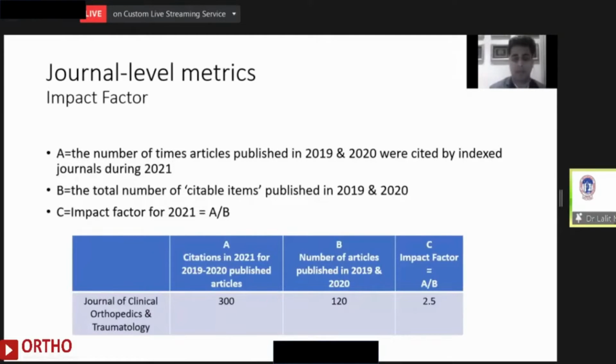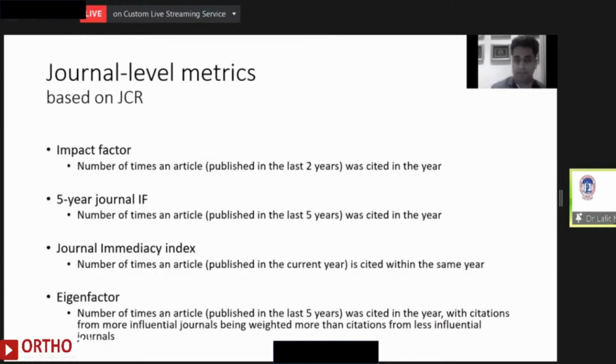So say, for example, the number of times the articles published in 2019 and 2020, 2 years, were cited by indexed journals during 2021 was A. And the total number of citable items that were published in those 2 years was B. The impact factor would be A by B. Just to give an example, the JCOT had, say, 300 citations this year for articles published in the last 2 years, and the total number of articles published in the last 2 years was, say, 120, which is, of course, just an example. The impact factor is 2.5 because it is 300 divided by 120.